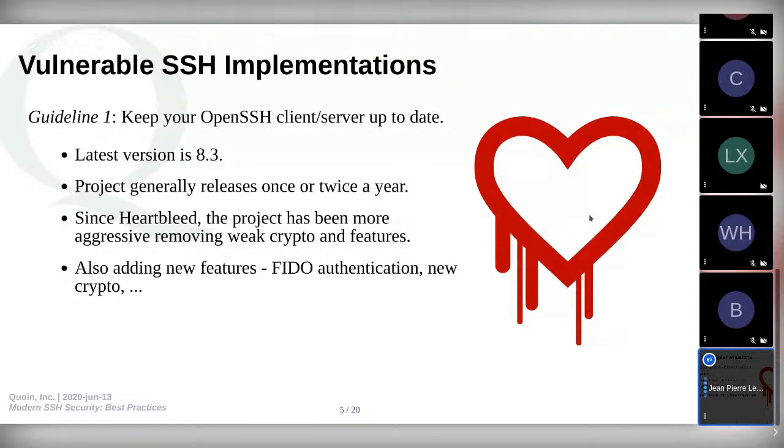They have added some new features. So one cool one I haven't actually tried too much yet is FIDO authentication. FIDO is a hardware security token-based authentication, and I'll talk a little bit about that. And then a more advanced crypto that hopefully is more secure.